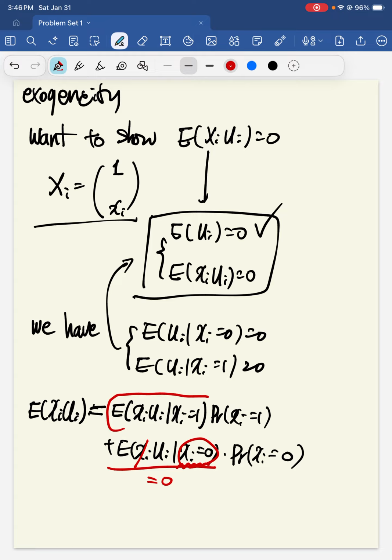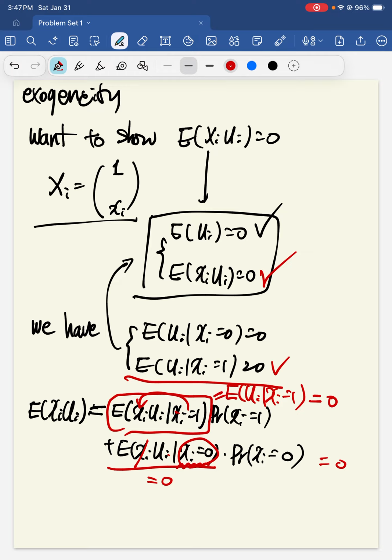And then this part is by construction again, because x is already 1, it will be this, right? X is already 1. So, you know this is assumed to be 0 using this one, right? This assumption implies this is 0. So this is 0, this is 0, so all is 0. The second assumption is already verified.